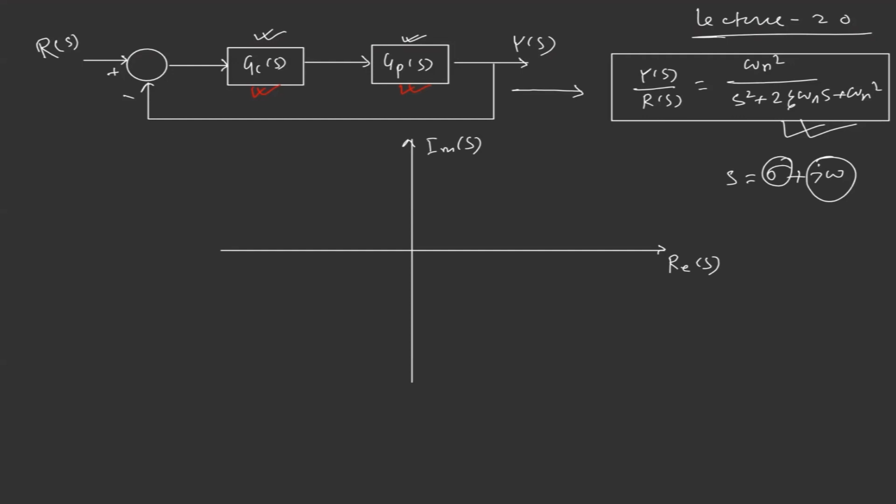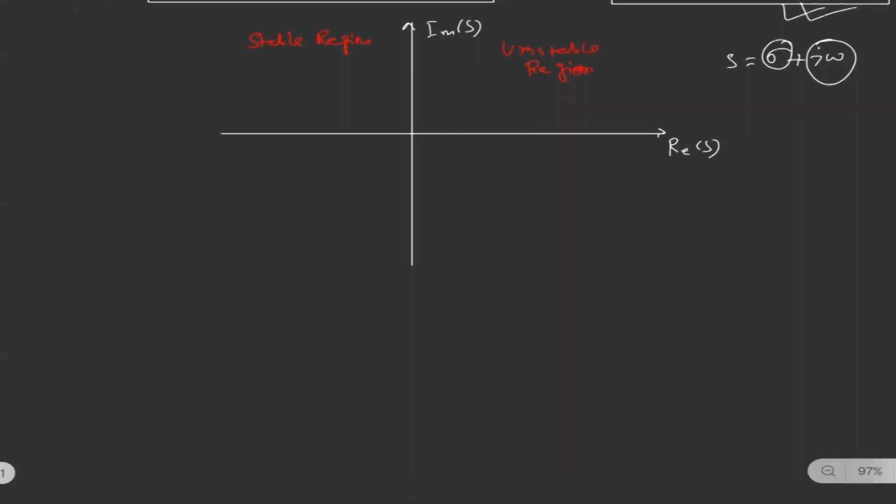So this is the unstable region, and this is the stable region. So for a stable system, all poles should lie on the left hand plane. And for an unstable system, if any of the poles comes out to be on the right hand side, the system will be unstable.